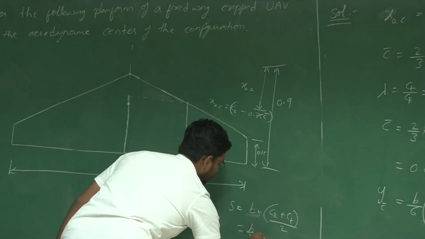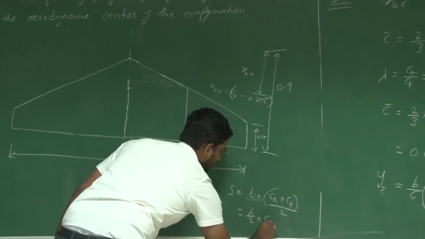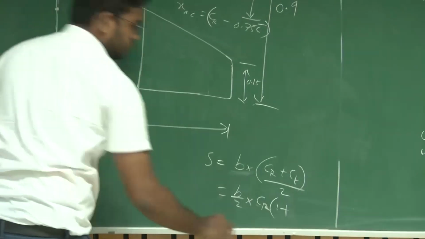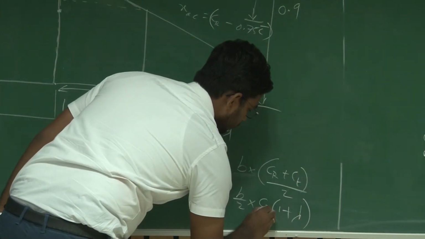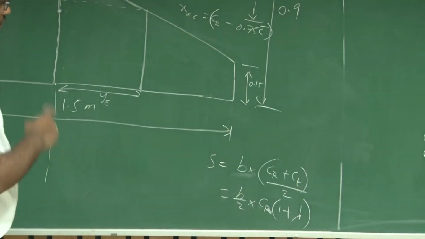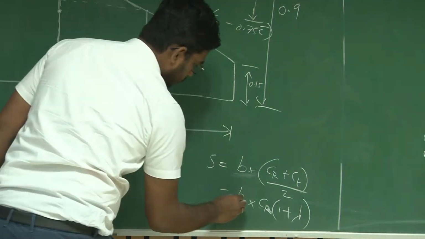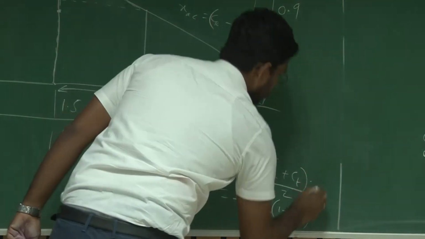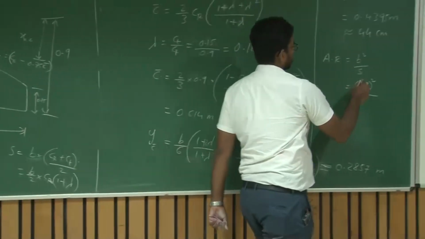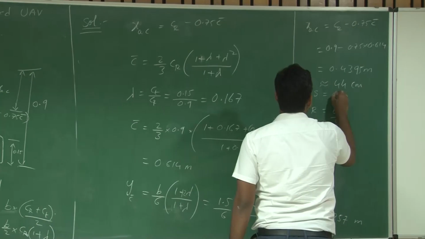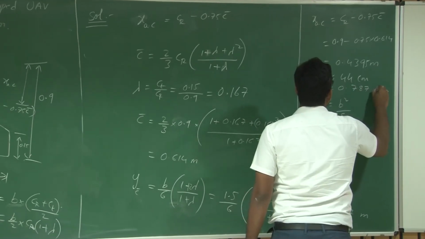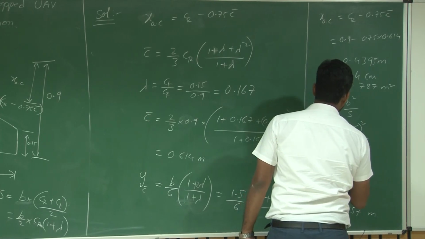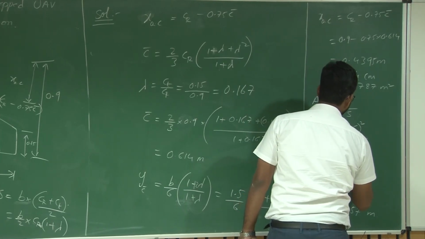This equals B by 2 into CR into 1 plus CT by CR, which is lambda. So S of this configuration is approximately 0.787 meters square. The aspect ratio is 2.85.